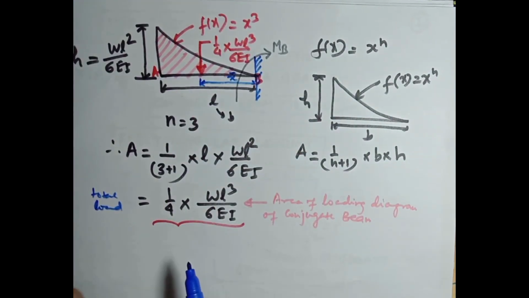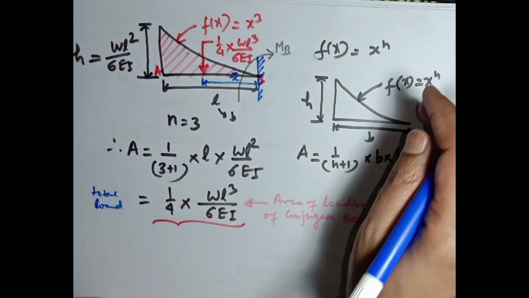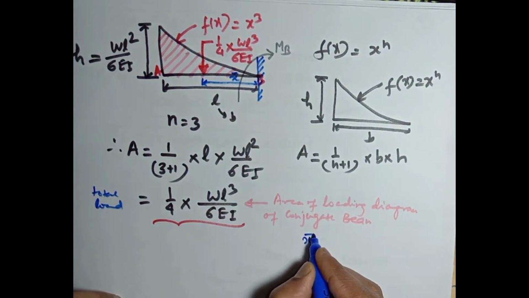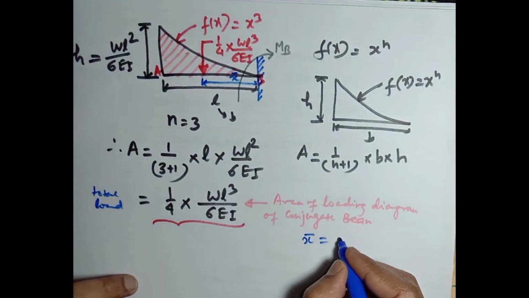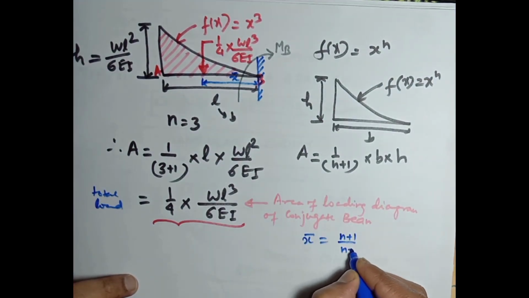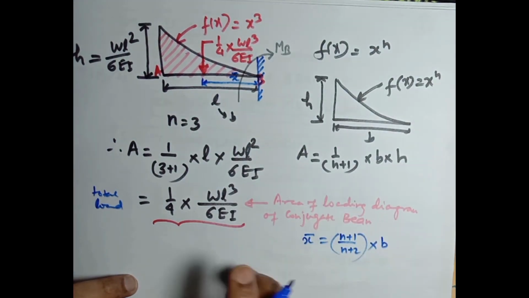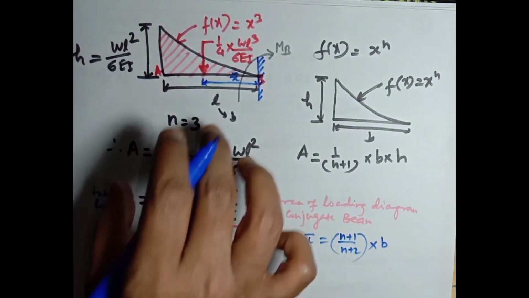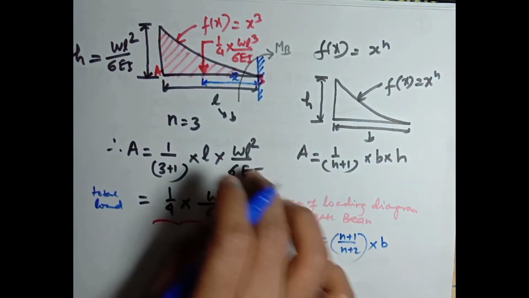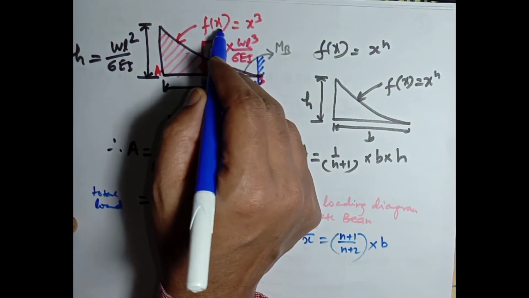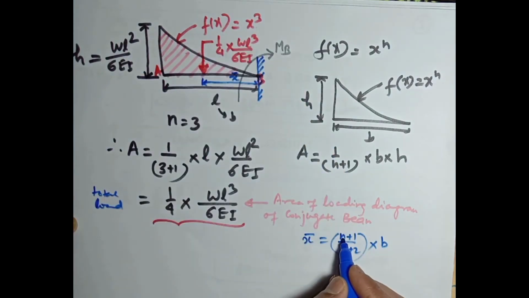So now the calculation for x bar. From the general expression of any curve which is a function of x to the power n, x bar is n plus 1 divided by n plus 2 multiplied by its base length b. In this loading diagram the base length is L, so b will be equal to L, and this is a function of x to the power 3, so n will be 3.